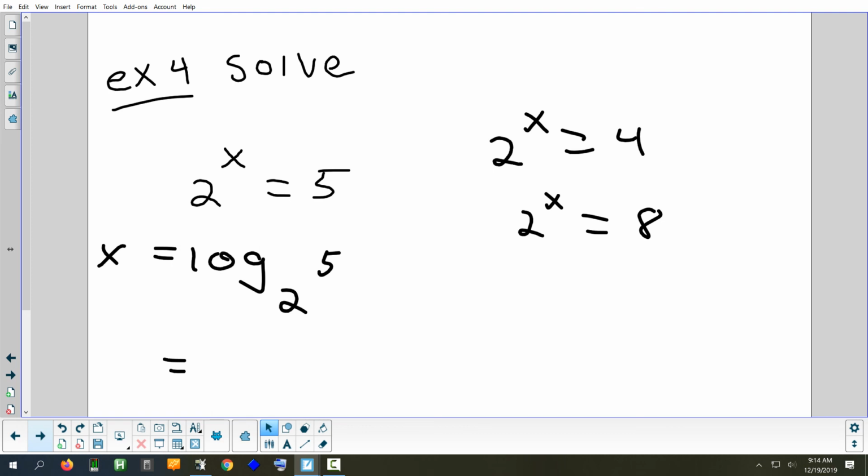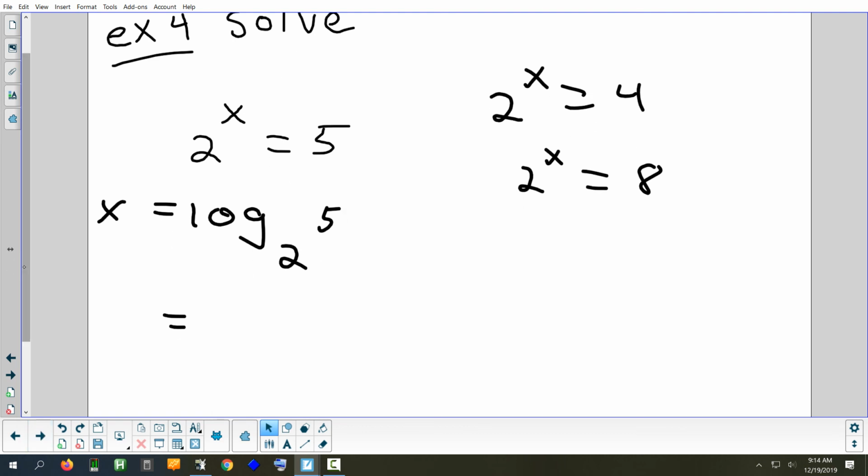Do I have a button for base 2 on the calculator? No. Then I'm going to have to rewrite that in a way so I can type it in. Anyone remember from yesterday how we can rewrite that? Yeah.